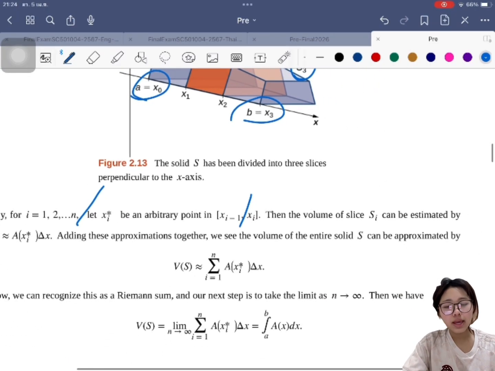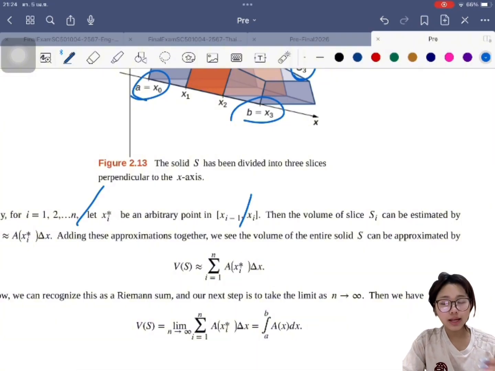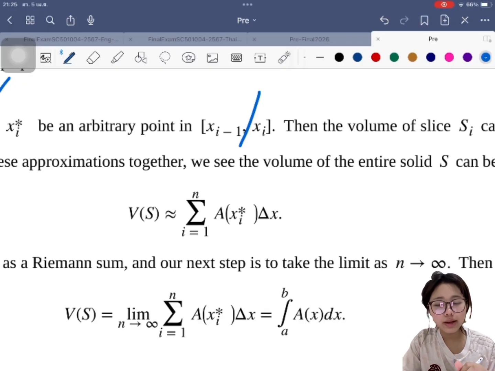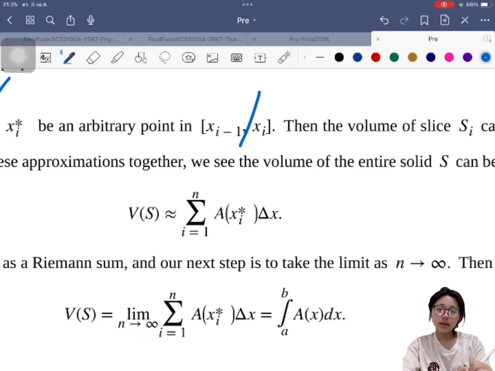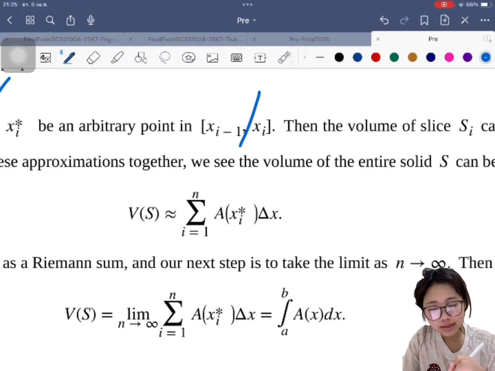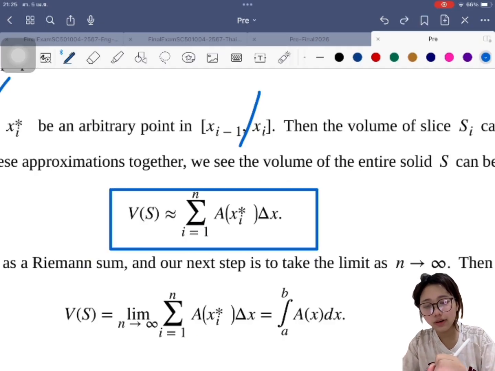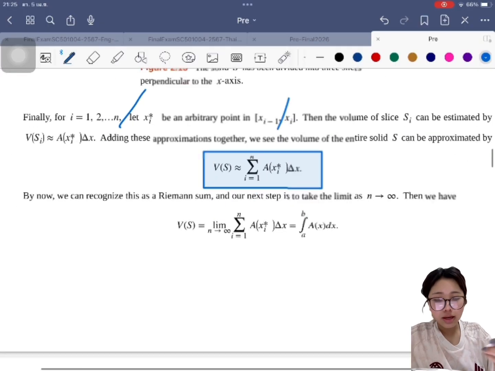Then the volume formula we get is V approximately equals the sum from i equals 1 to n of A times delta x, a summation. This is the formula.